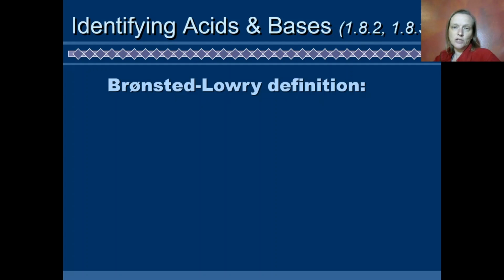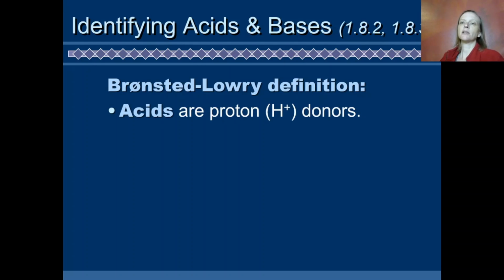There are a few different definitions for acids and bases, and the first one we're going to talk about is the Bronsted-Lowry definition. According to Bronsted-Lowry, acids are proton donors. A proton is just a hydrogen ion.